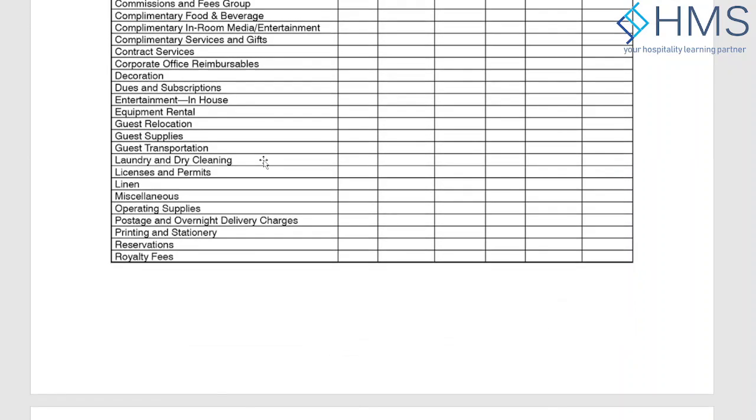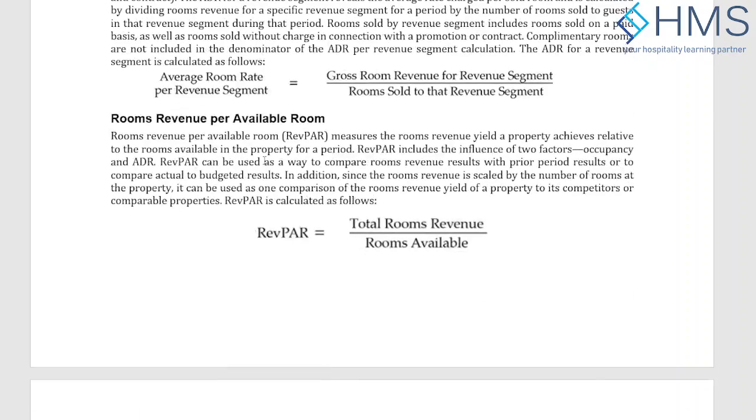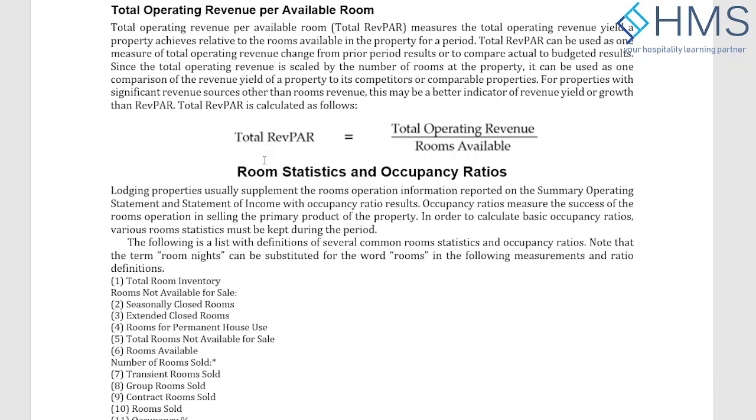And the definitions are clear in the USALI, so that there is no confusion on how to calculate ADR, what RevPAR is, and what constitutes RevPAR and what does not. At the moment, different hotels are following different standards on the rooms which are closed because of the coronavirus pandemic.